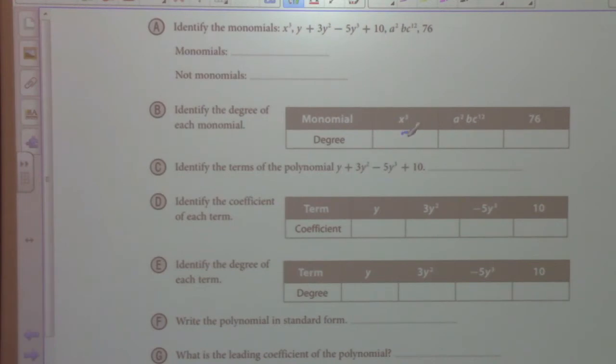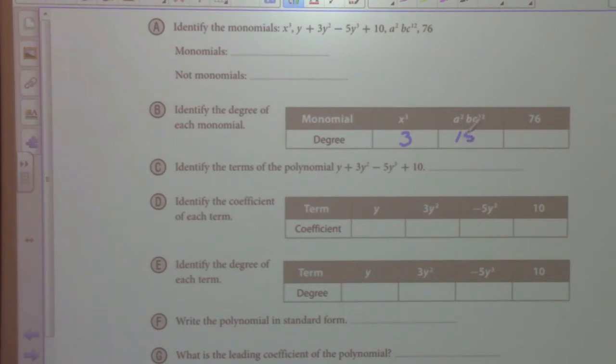As far as this term here, a squared times b times c to the 12th, what's the degree of that one? The degree is actually going to be 15. Thank you, Marcus.